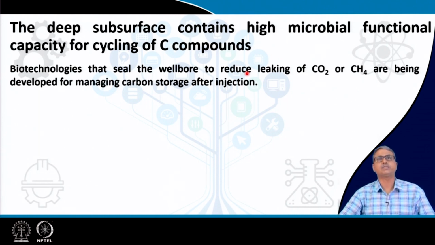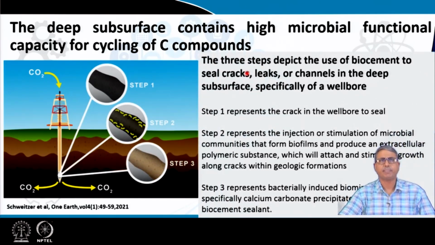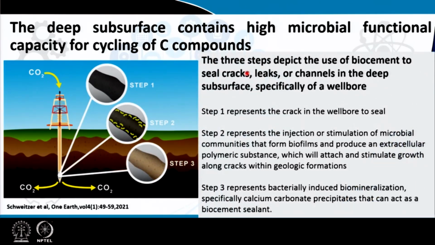Now, deep subsurface contains high microbial functional capacity for cycling carbon compounds, and biotechnologies that seal the wellbore to reduce the leaking of CO2 or methane are being developed to manage the carbon storage. Now, there are 3 steps into this. These 3 steps are used to biocement the seal cracks, leaks or channels in the deep subsurface, specifically of the wellbore. Step 1 in this case represents the crack in the wellbore to seal.